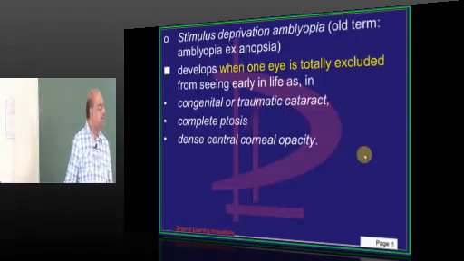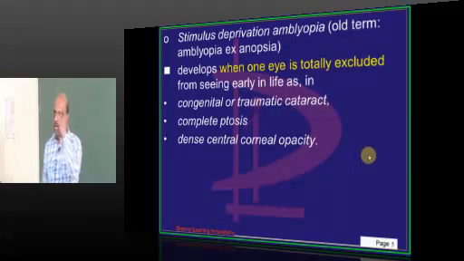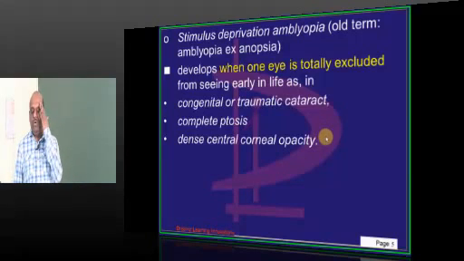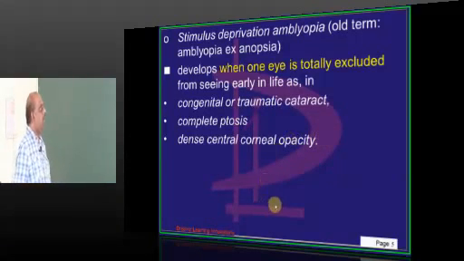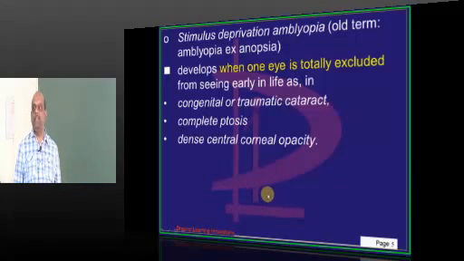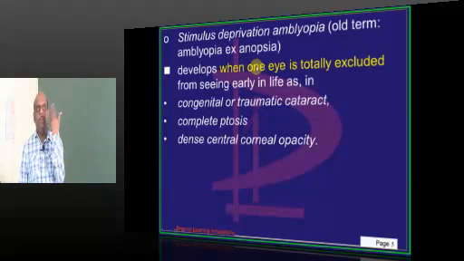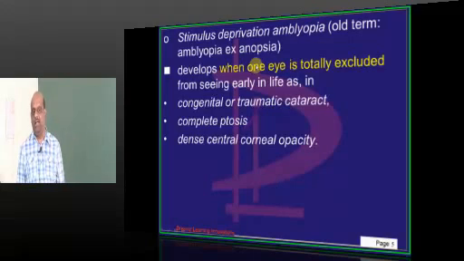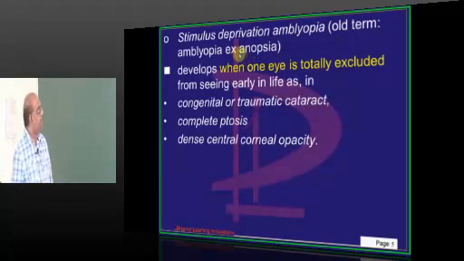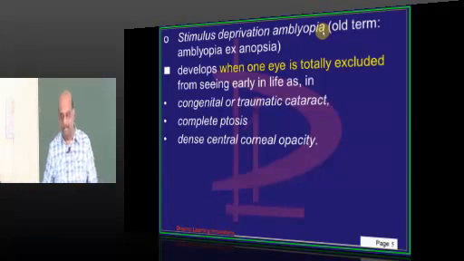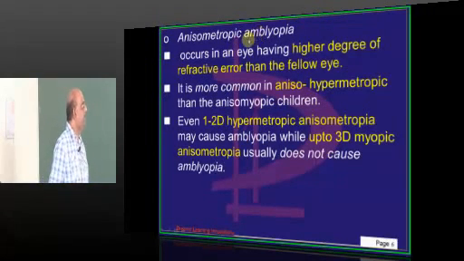Then if there is a congenital or traumatic cataract in only one eye, or complete ptosis in one eye, or a dense central corneal opacity in only one eye, then there is a deprivation. It stops perceiving imagery and visuals. So it is called stimulus deprivation amblyopia, also called amblyopia ex anopsia, the older term.